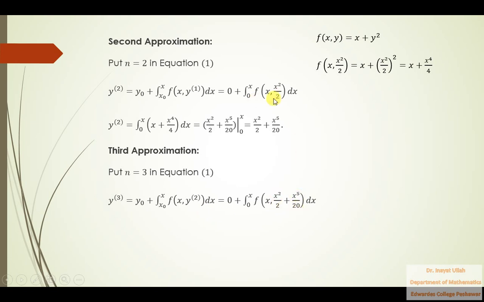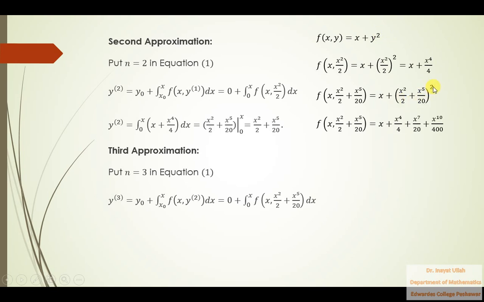Now in the same manner, function of x comma x square by 2 plus x5 by 20 will be obtained from here. We see that y is replaced by x square by 2 plus x5 by 20. So replace this y by x square by 2 plus x5 by 20 here and there, that is x, and this y is x square by 2 plus x5 by 20, and this is whole square.